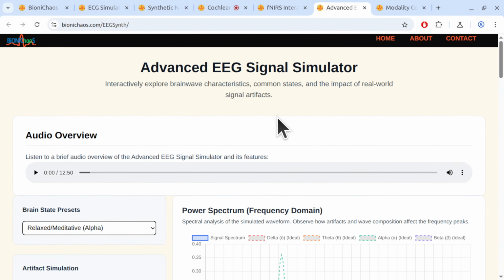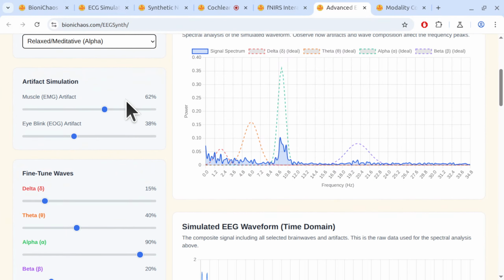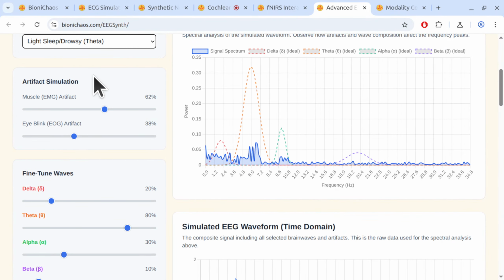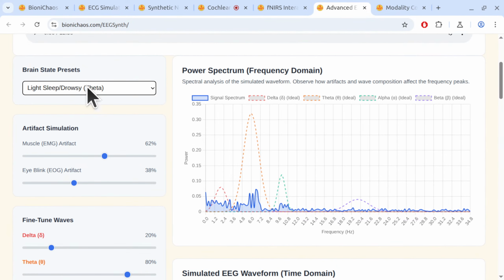Yeah, I have an EEG signal simulator. This one is pretty advanced. You can select your brain state.